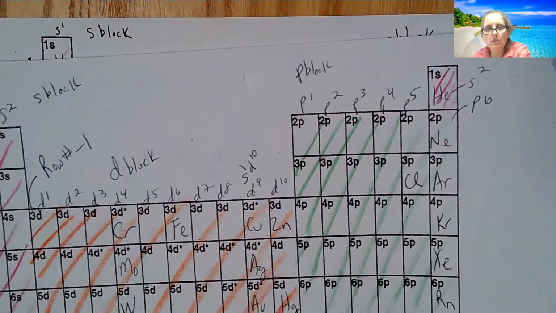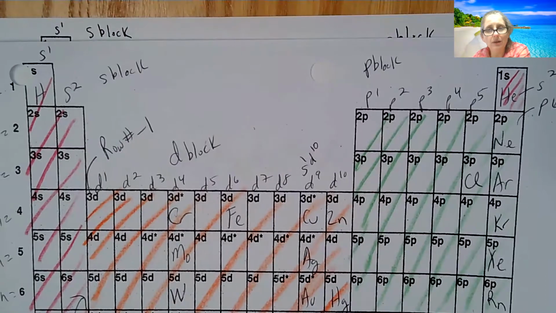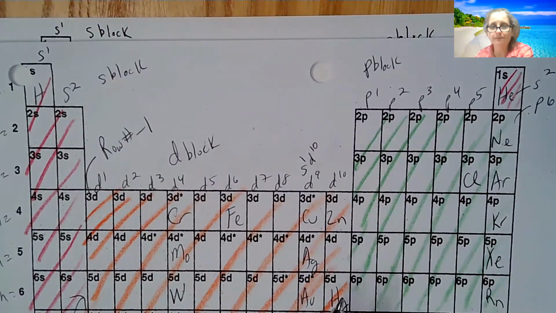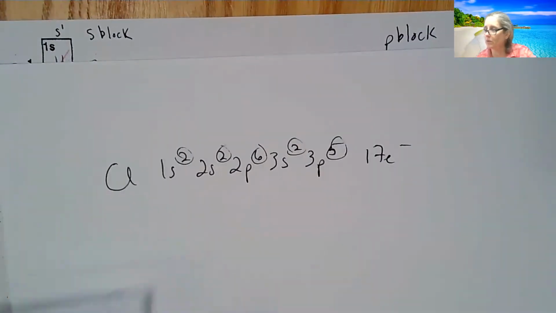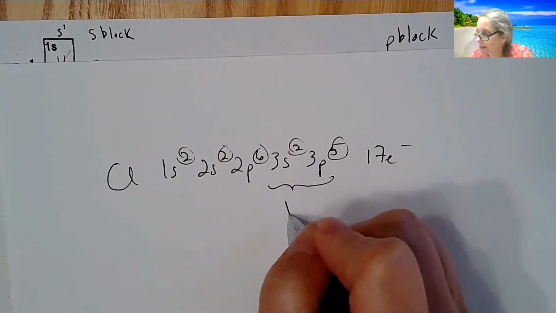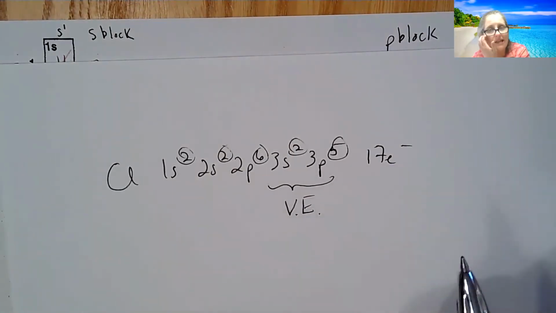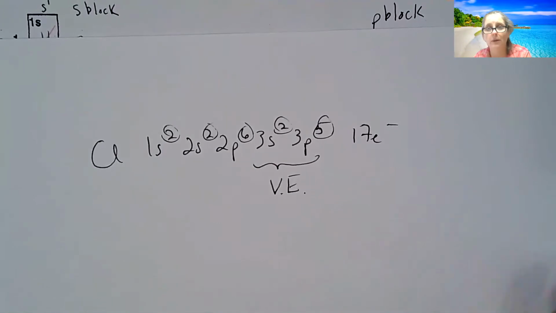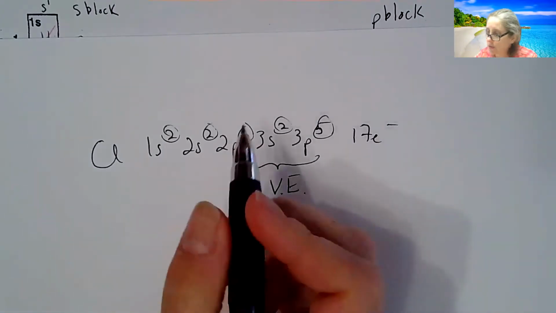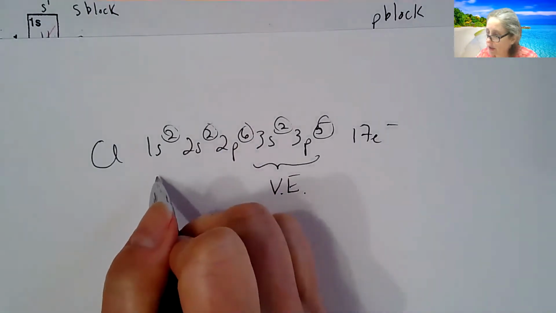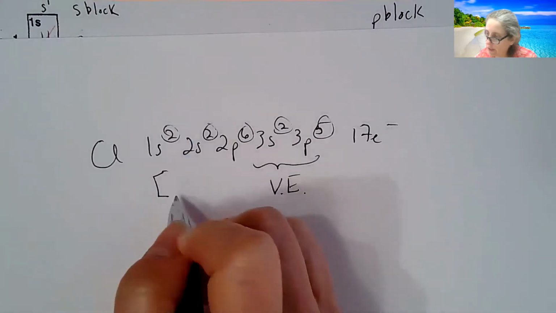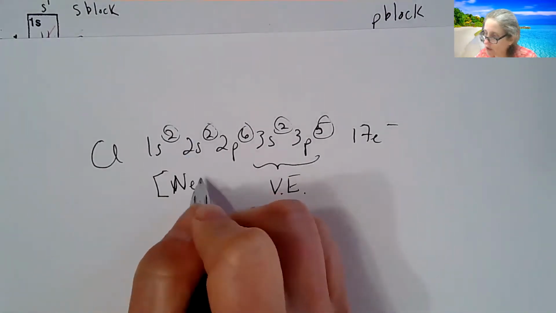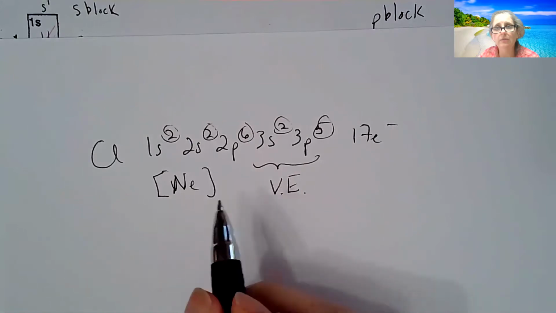But we can use what we call the noble gas configuration and shorten it quite a bit. Because in chemistry, what we care about is what we call the valence electrons. Okay, VE, valence electrons, the outermost energy level. So these electrons here are part of, or can be described as, neon in brackets.